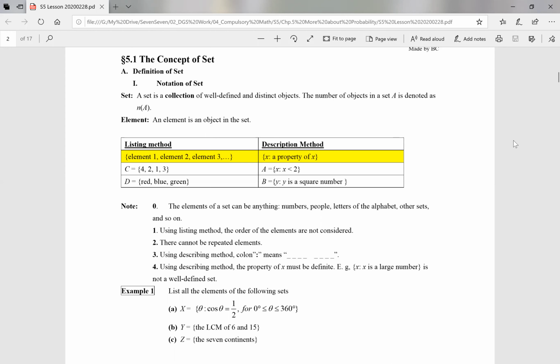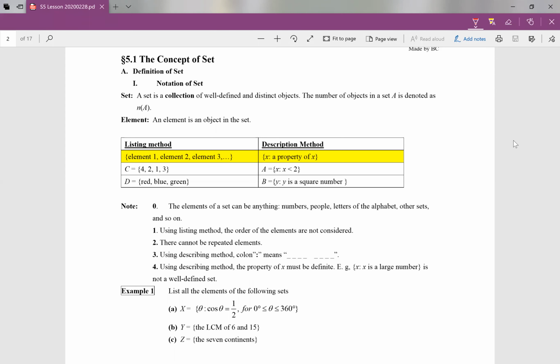For example, A equals {1, 2, 3, 5}. This is a set. The number of objects in this set is 4.